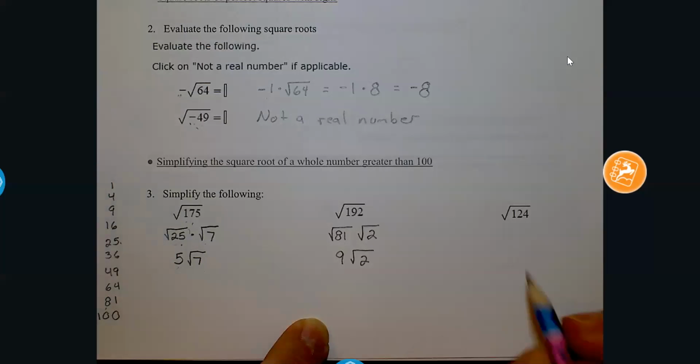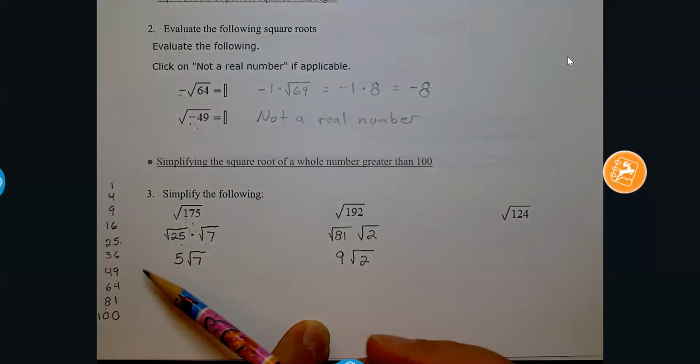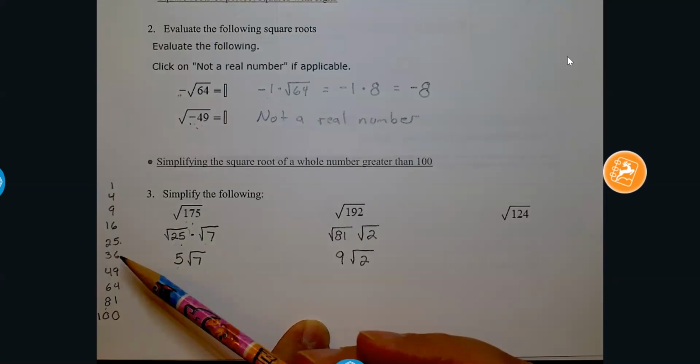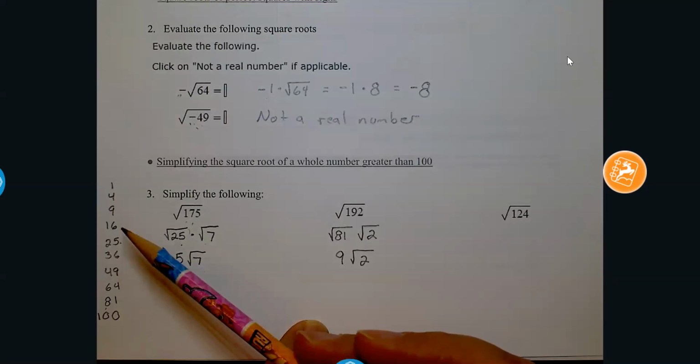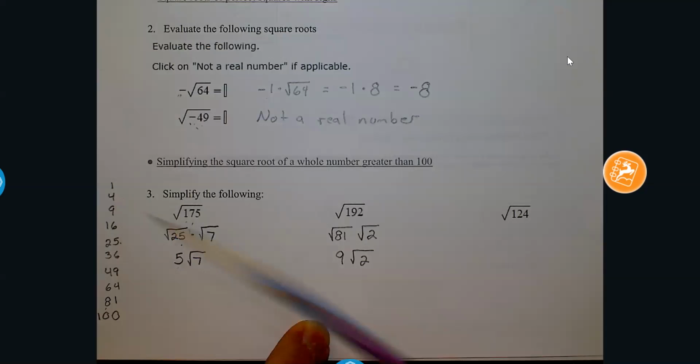Okay, looking at the square root of 124, it may appear that a large number would go into it. My first impression is that 64 would go into it evenly, but it does not. So we went down a list. 64 doesn't go into it, 49 doesn't go into it, 36, 25, 16, or 9, but 4 does.